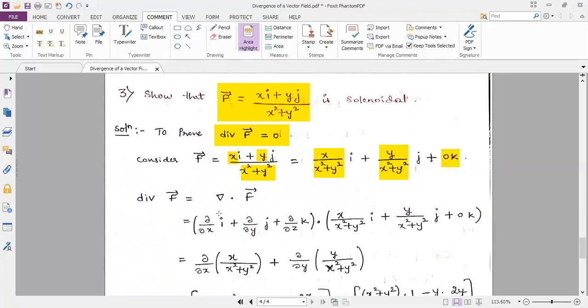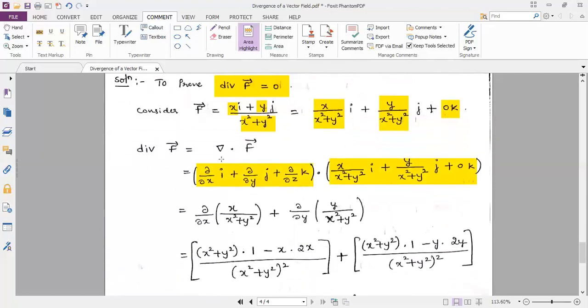Now, divergence of vector f we have to find out and show that it is equal to 0. Divergence of vector f is del dot f. Del is a vector operator, ∂/∂x i + ∂/∂y j + ∂/∂z k. Dot product with the vector f that we obtained just now, written in the form of i, j, k.